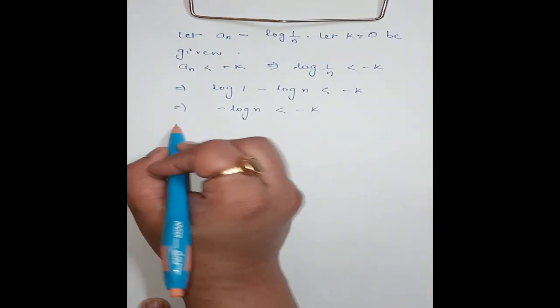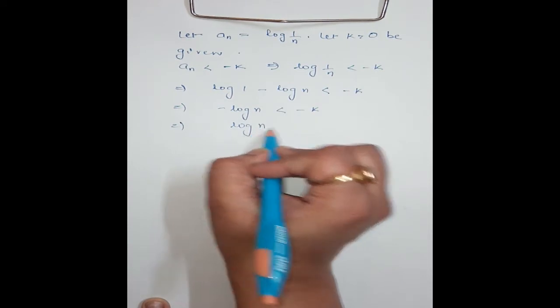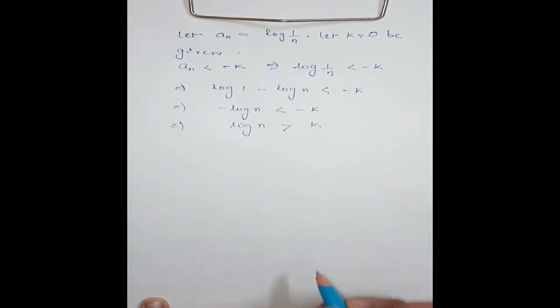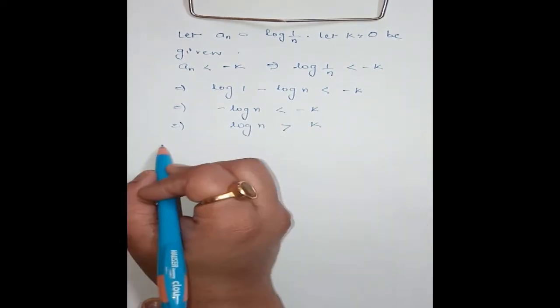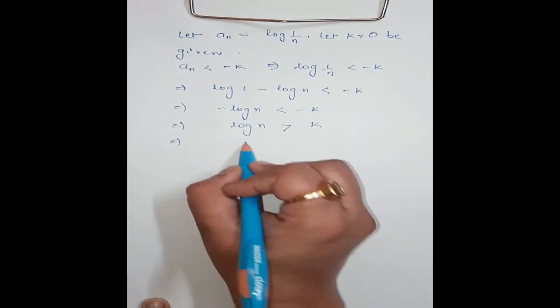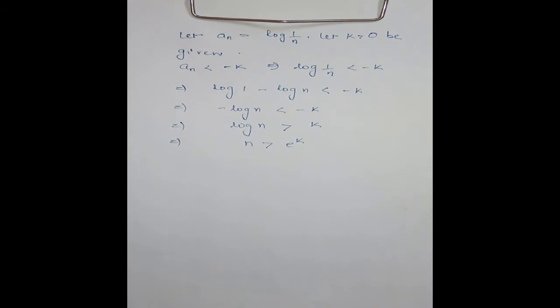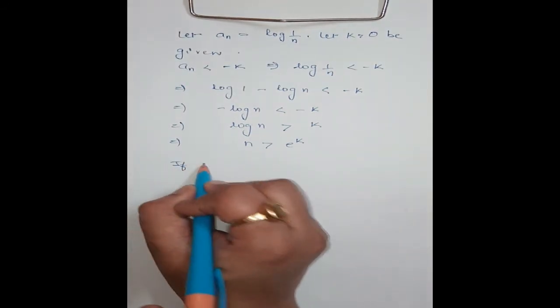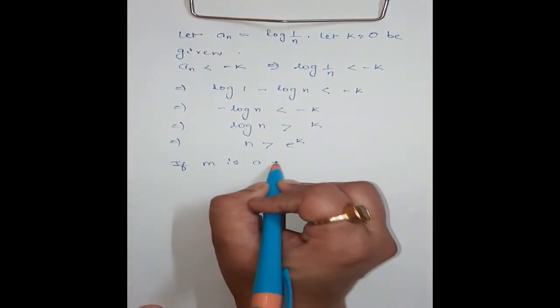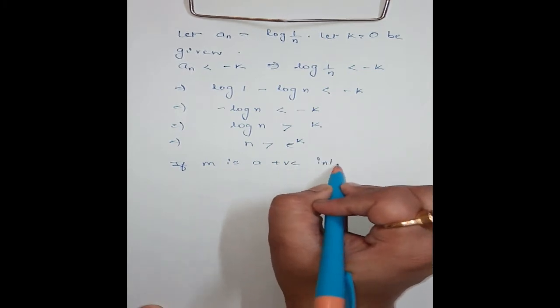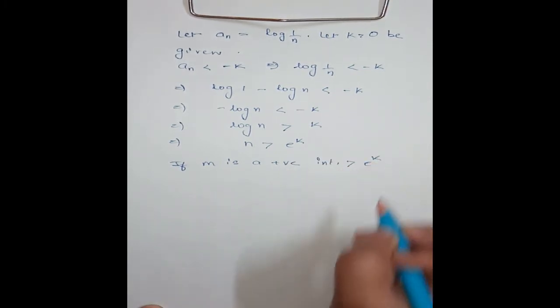And this will imply log n is greater than k. Clear? And this will give us n is greater than e to the power k.